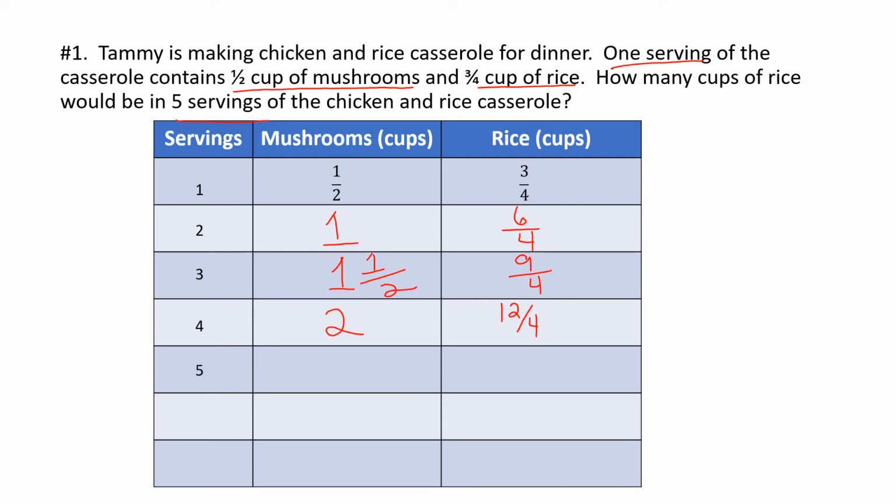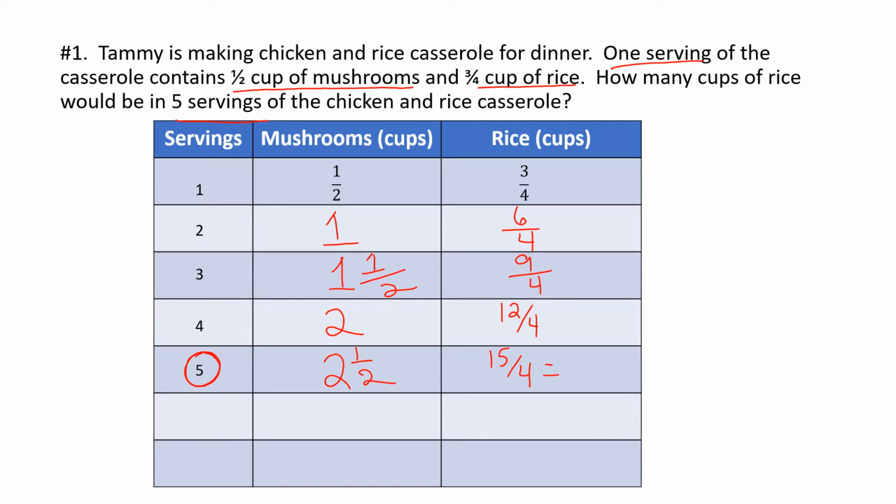It says how many cups of rice would be needed in 5 servings of the casserole. So 5 servings would require 2.5 cups of mushrooms and 15/4 cups of rice.